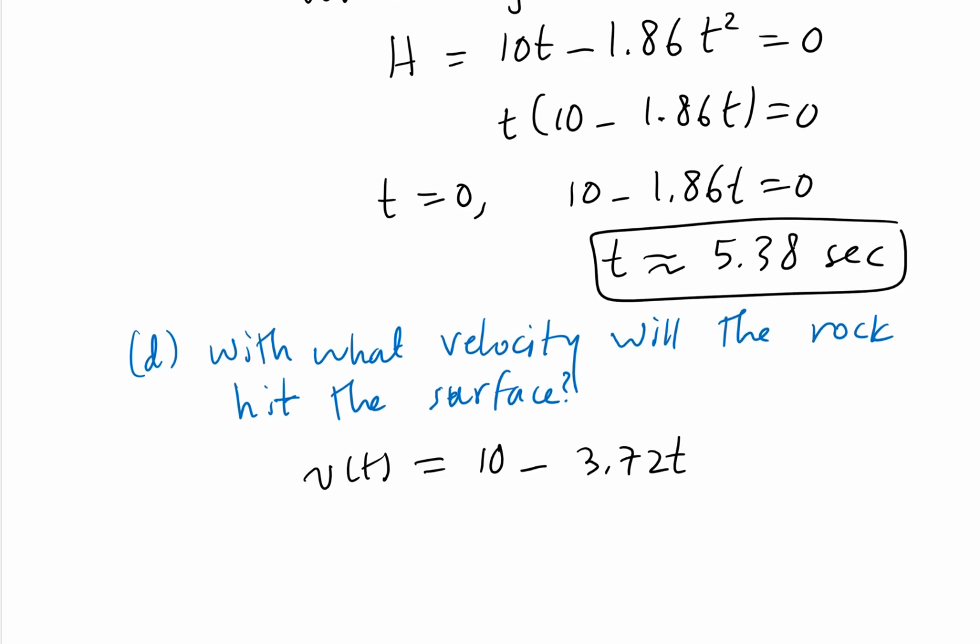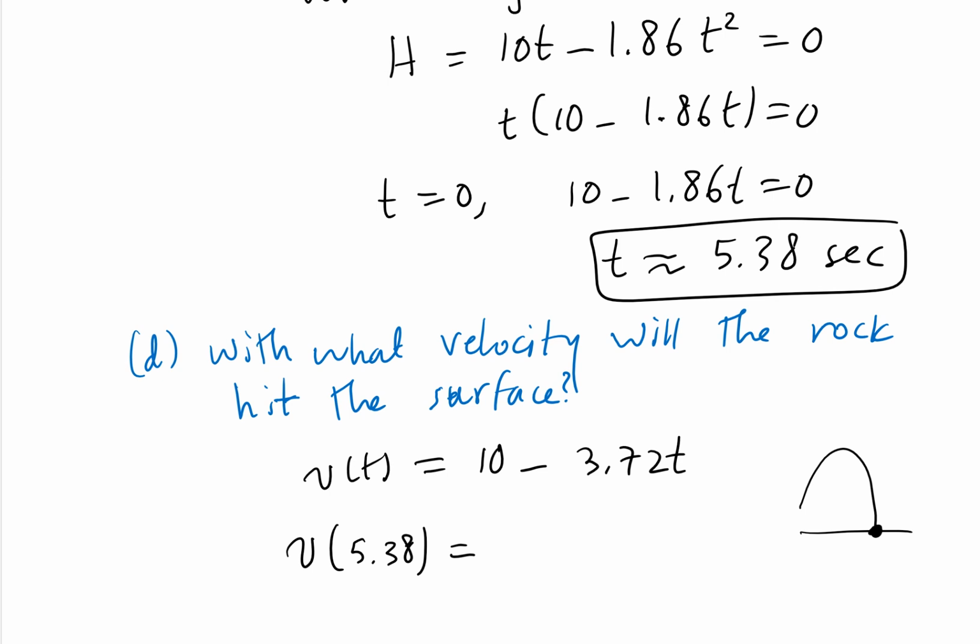It will hit the surface at t equals the one we just found, 5.38, right? That's where the height is 0. So it went up and came back down. After 5.38 seconds, the rock hits the surface.